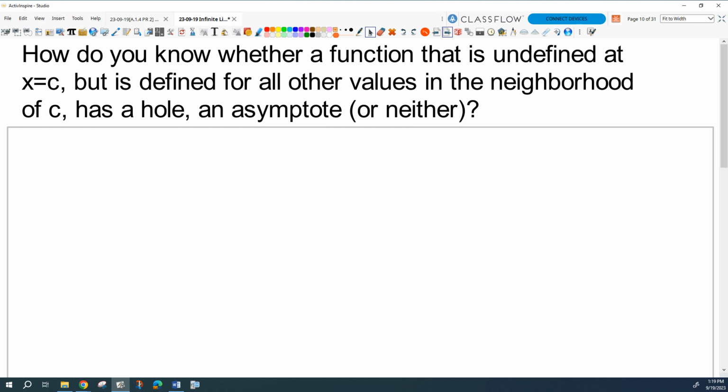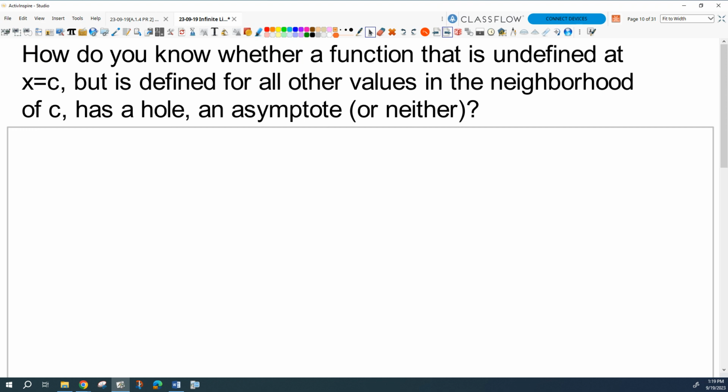Well, we know when it's an asymptote, right? It's an asymptote if I get what result? If I get a number on top and what on the bottom? 0, okay? Is it a hole if I get 0 over 0?